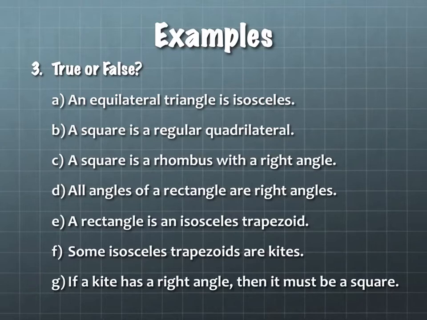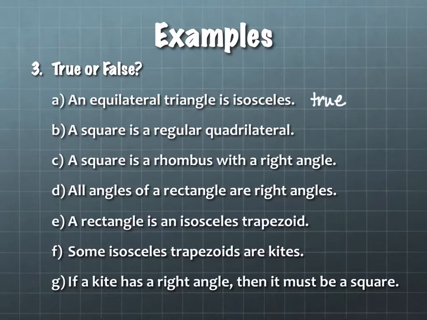An equilateral triangle is isosceles. That is a true statement. Isosceles means it has two sides the same. Equilateral means it has three. So if you have three, then you've definitely satisfied the I have two criterion.